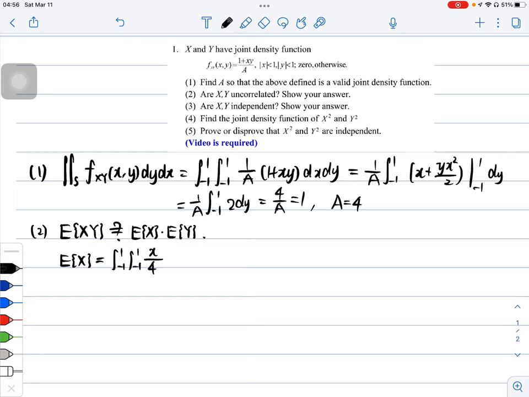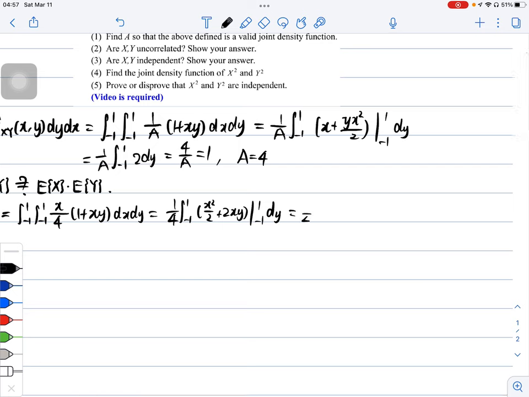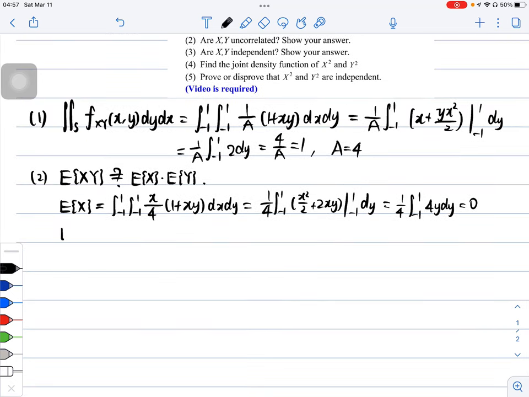It is x times this. It is 0. For EY, we use the similar equation and the answer is 0.